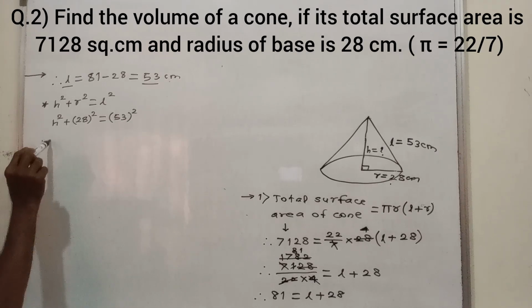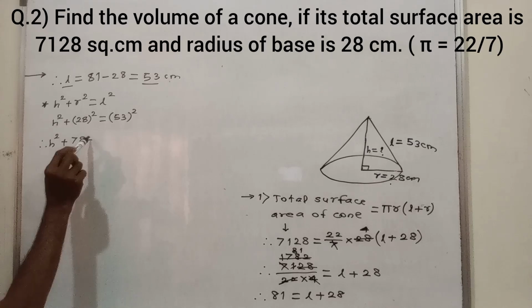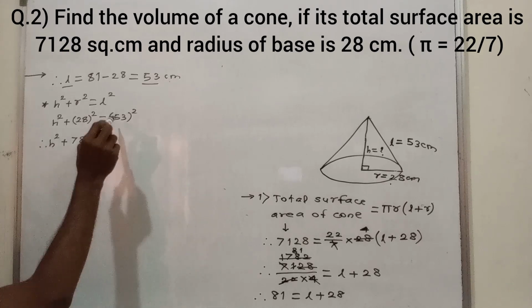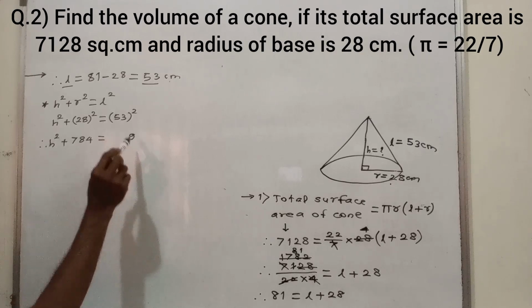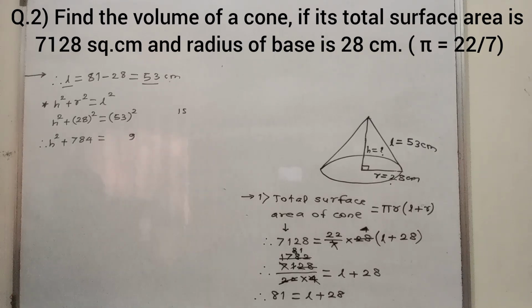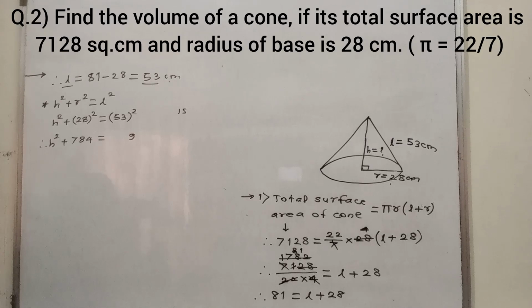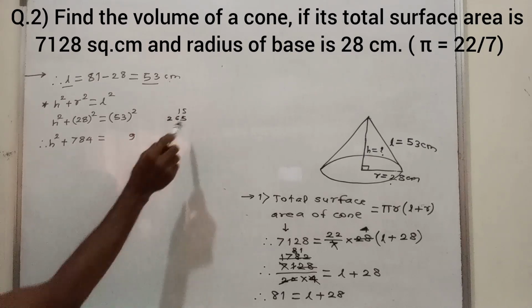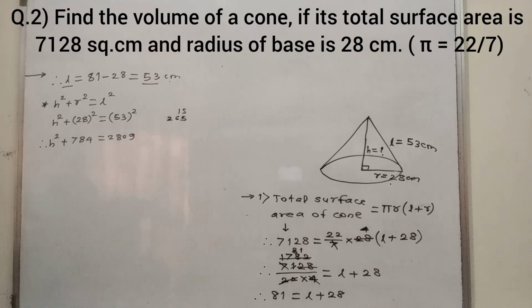Therefore, h square plus 784 is equal to 53 into 53, which is 2809.